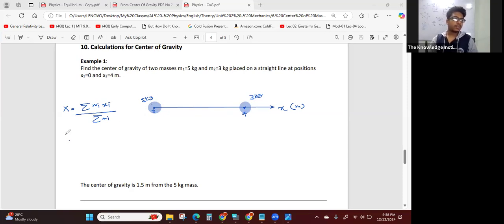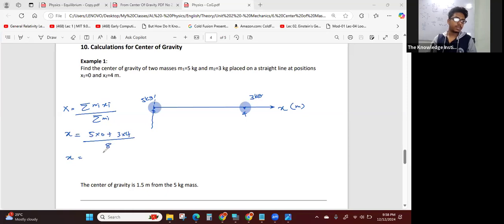So x equals, mi xi, 5 kilogram times 0 plus 3 kilogram times 4, divided by total mass 5 plus 3, which is 8.